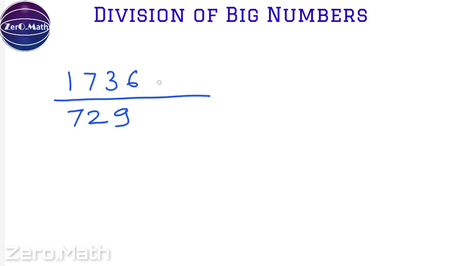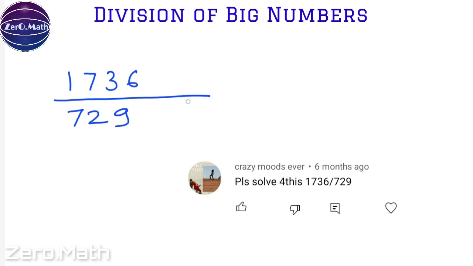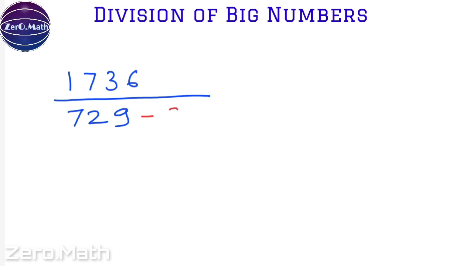Let's try to solve this problem, 1736 by 729, which is posted by user Crazy Mood Saver. Interesting name. Let's first simplify the denominator. If I subtract 29 from 729, I'm going to get 700, and division with 700 is easy, isn't it? Now what should I subtract from the numerator is the question.